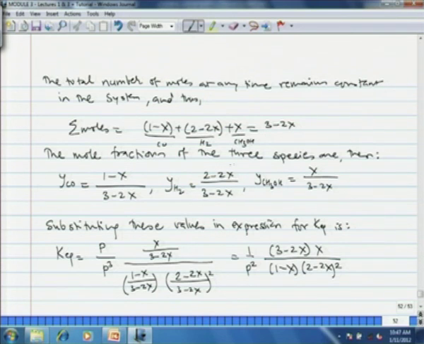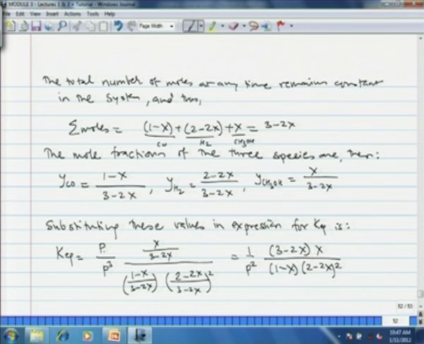And then the mole fraction of the 3 species is y CO 1 minus X divided by the total moles, y H2 2 minus 2X divided by total moles, y CH3OH X divided by total moles. And now we substitute these mole fractions into the expression for equilibrium.